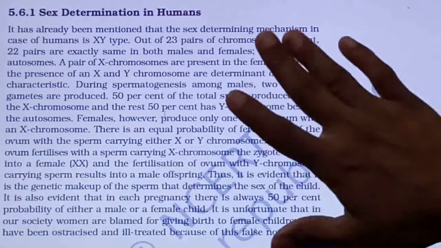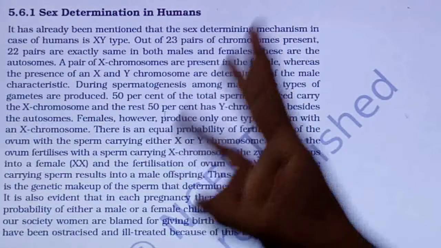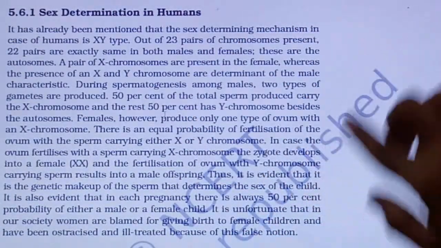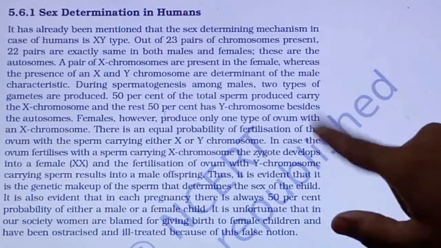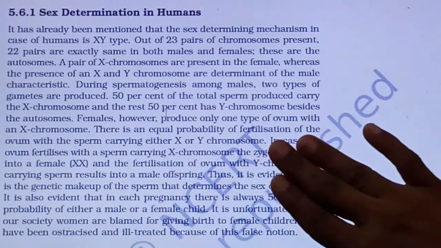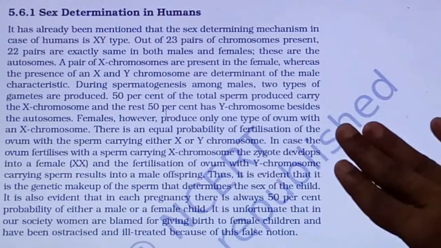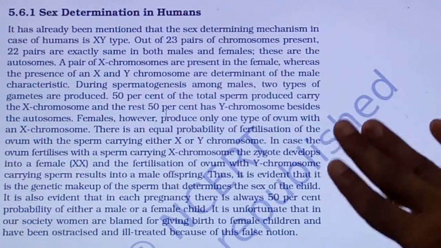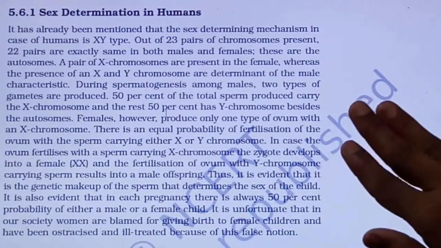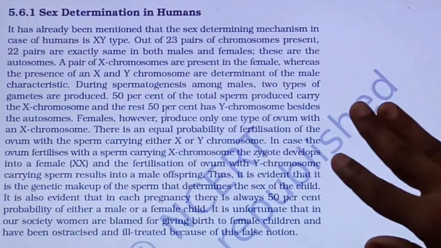Very easy. Whenever the question is asked, it will be asked for 3 marks, right? And whenever you explain this, you have to explain with the chart. It is important, right? Here you have to explain the sex determination in humans with the help of a chart. Now if the question is not asked directly on sex determination in human, then some case study like questions will be given, that in a village one of the couples has 3 girls, they don't have a boy child, so who is responsible for that, right?